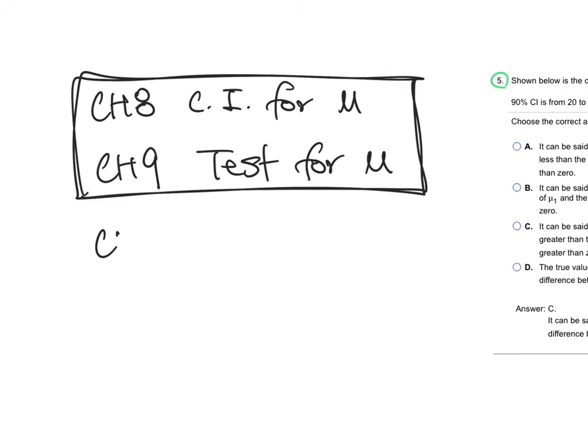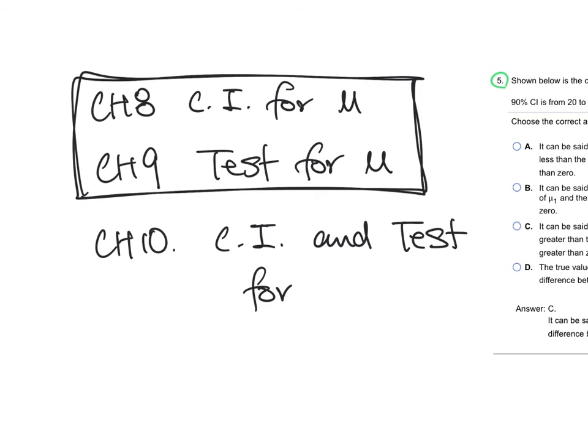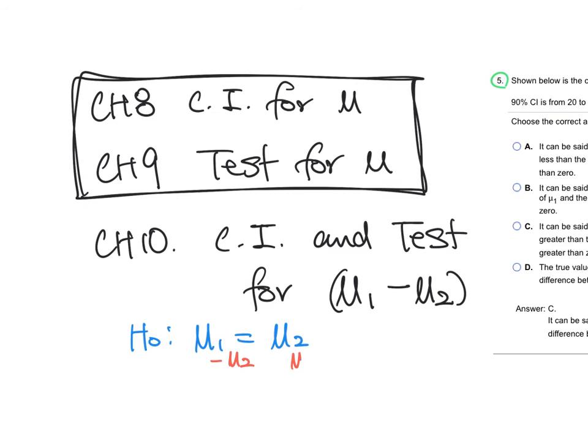But now in chapter 10, we are going to discuss the confidence interval and the testing procedures for the mean difference. Even though I stated the null hypothesis as mu1 equal to mu2, if I subtract mu2 on both sides and it cancels out, then I can modify the null hypothesis as mu1 minus mu2 equals 0. So we just test if the difference will be 0.